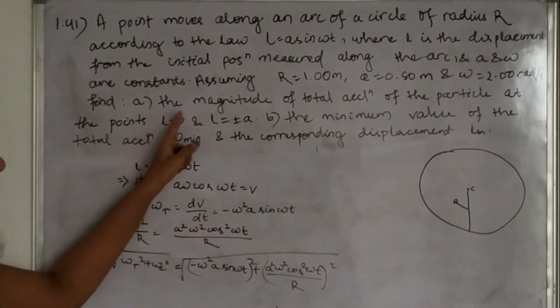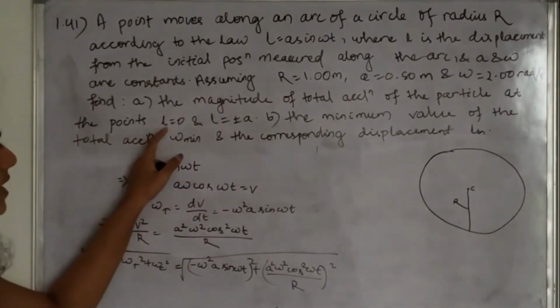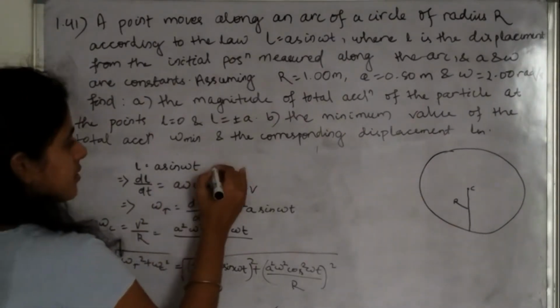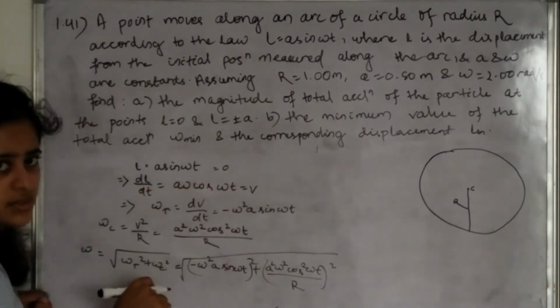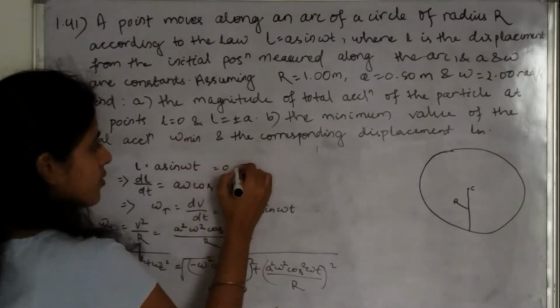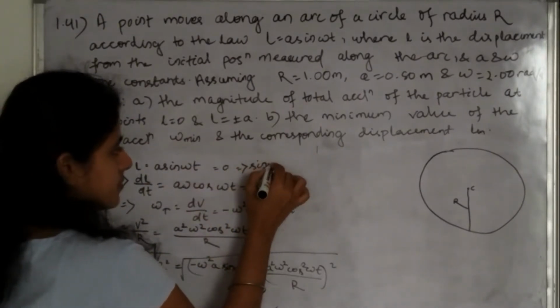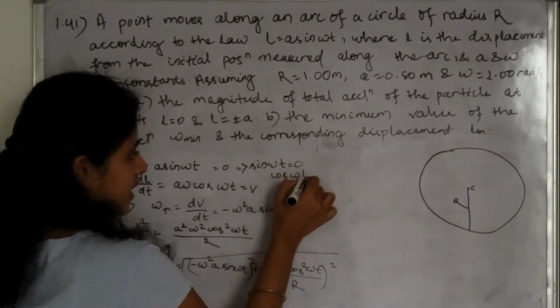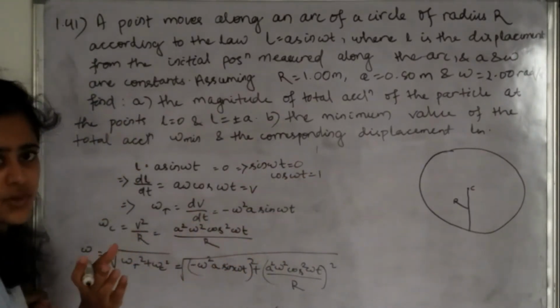We have to find the magnitude of the total acceleration at the points L is equal to 0. So if we put L is equal to 0, a is a constant. That means sin omega t value is how much? 0. When sin omega t is 0, cos omega t value will be how much? 1 or minus 1?